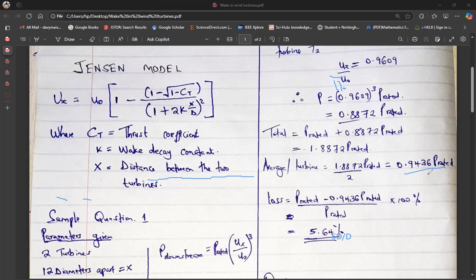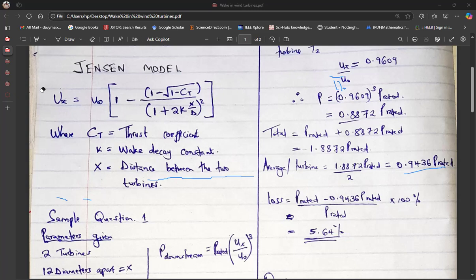And so if we are going to calculate the loss in percentage, we just need to calculate the expected, which is P rated, and then we take away what the turbine is producing, 0.9436 P rated, and then we divide by the expected, which is 5.64, and then we multiply by 100 to get it in percentage, and you have 5.64%.